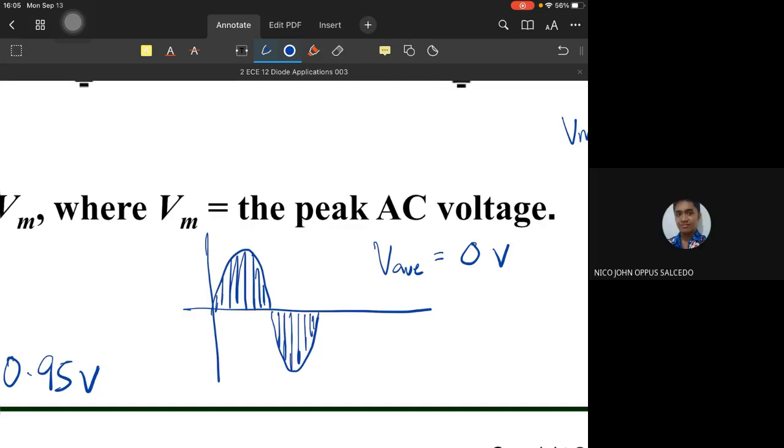Because, sir, half the time it rises through the peak, then goes down to zero again. Basically, sir, the negative and positive values cancel out.